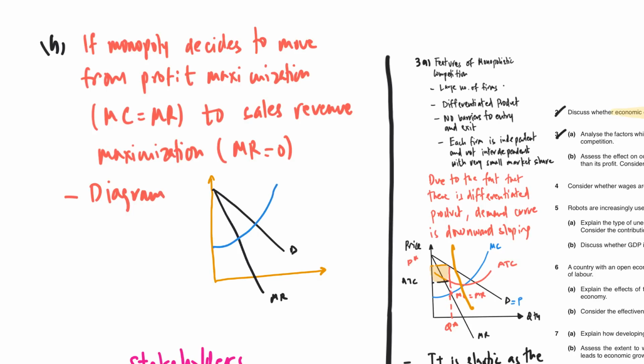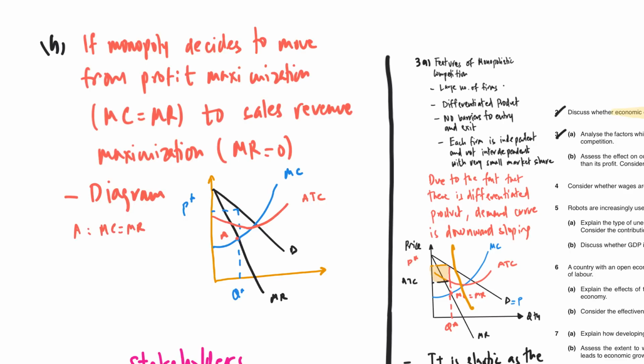MC equals MR is here, giving Q star and P star, and then I'll make my ATC like this. Now, if this firm was maximizing profits, they would produce at point A, where MC equals MR.